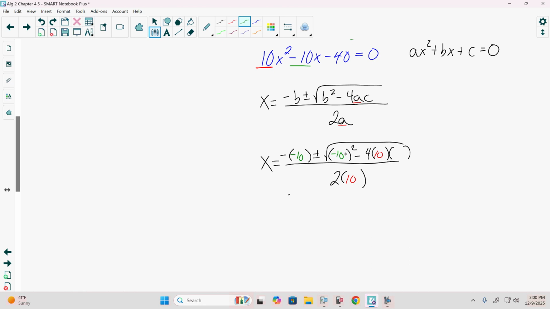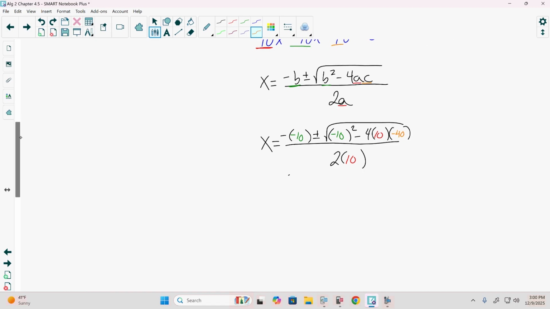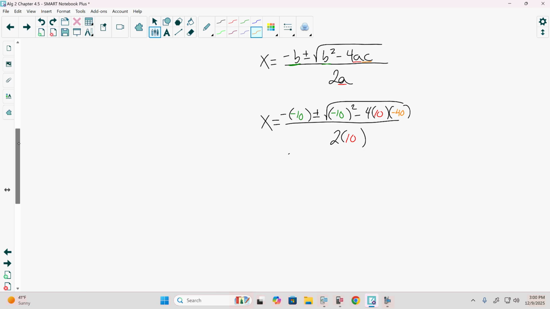And the two places where B shows up, we're going to plug negative 10 into both of those places. And the last number we have is C, which is negative 40, and it only shows up once inside the radical. Questions on this here?